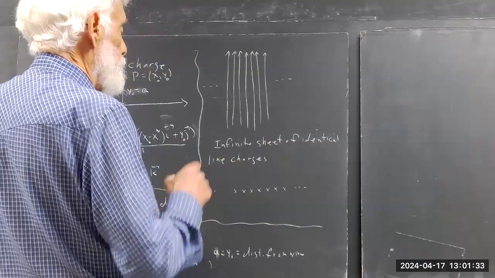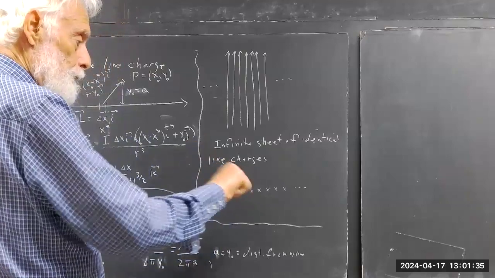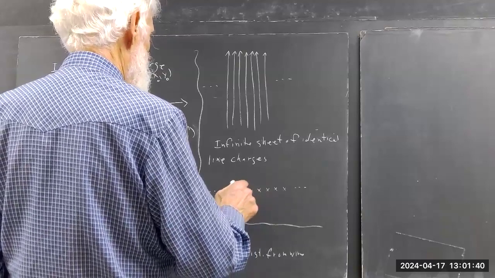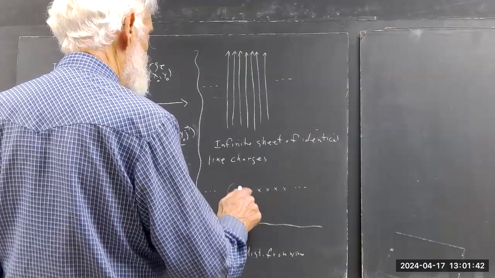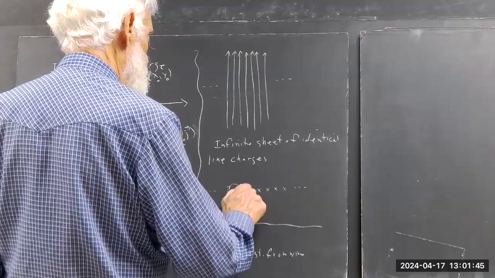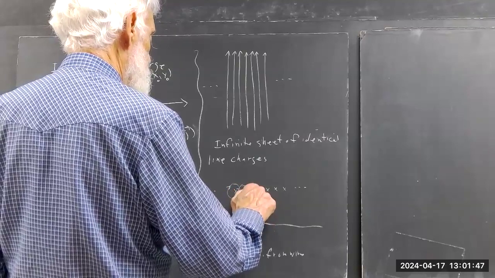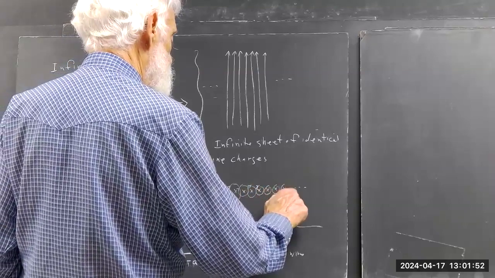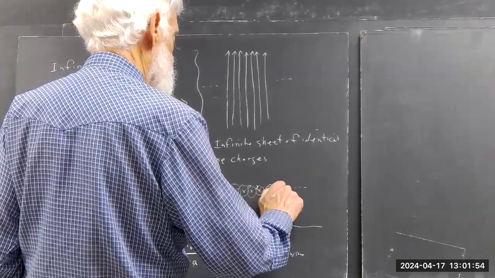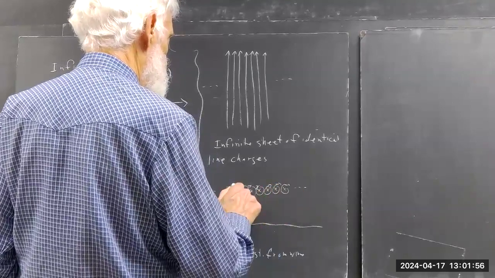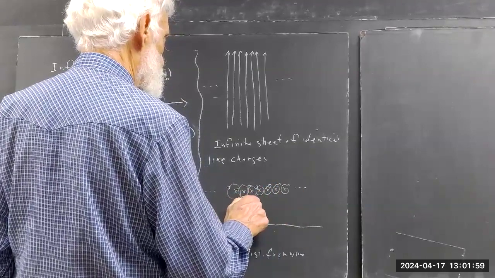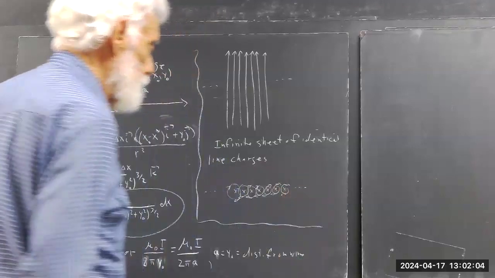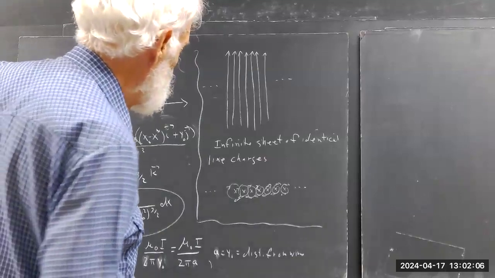If the current is into the board, then I is this way, and your right hand will tell you that your field surrounds each of these line charges in a counterclockwise direction.